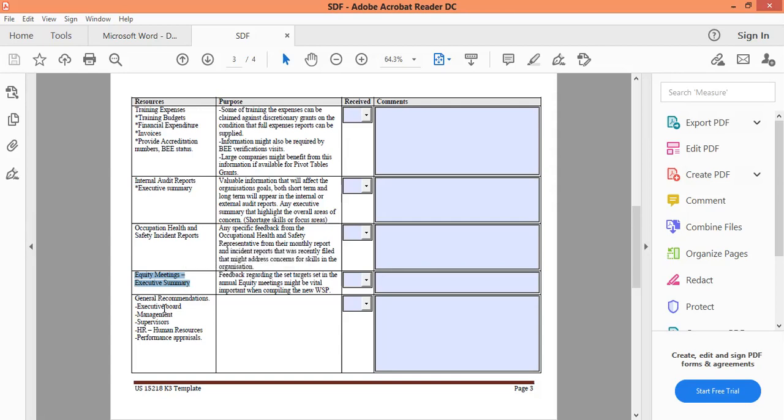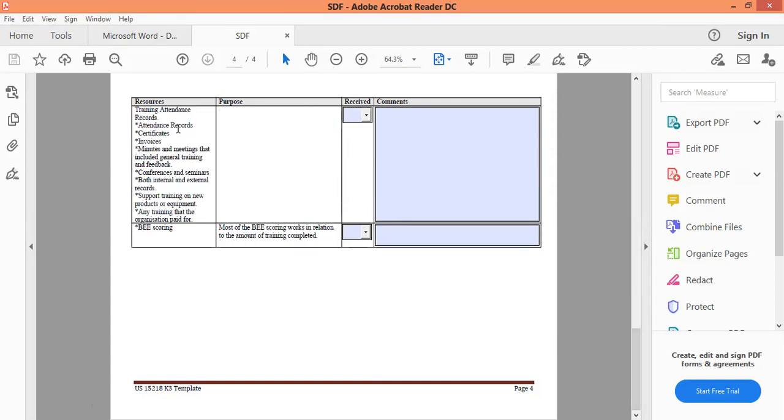General recommendations from the board, executives and supervisors or management, problems identified. And then I want to skip here to the BEE scoring. Normally you have a BEE auditor and a BEE manager, someone who comes into your company and gives you advice to increase your BEE scoring. I need to look at that, because if they say we can increase the BEE scoring by doing learnerships, then I need to work it into my plan.